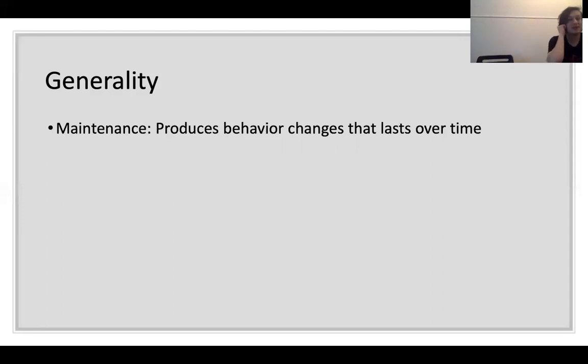So as behavior analysts, we want to be specific and make sure these results are going to withstand the test of time. So we have to program for generality. We have to produce interventions that are going to last over time.